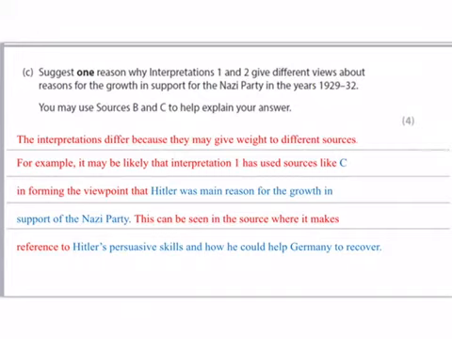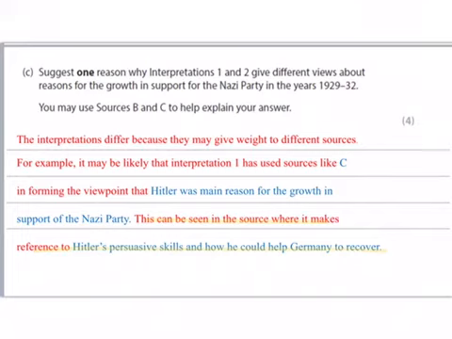And then this last sentence is crucial, where you're just making some reference to the detail in the source. So this can be seen in the source where it makes reference to Hitler's persuasive skills and how he could help Germany to recover. You do not have to go into masses of detail here where you're referring to and quoting the source in terms of all of the detail that's included in there, the wave of enthusiasm and new hope and the dangers of communism.